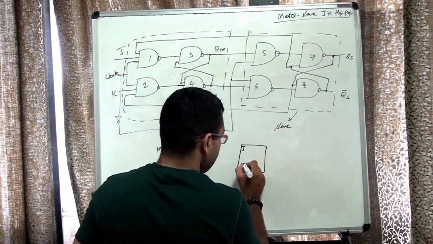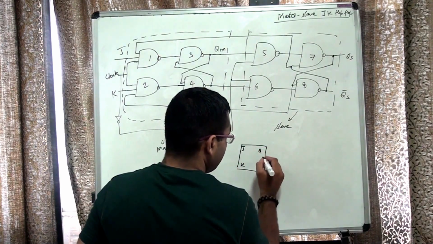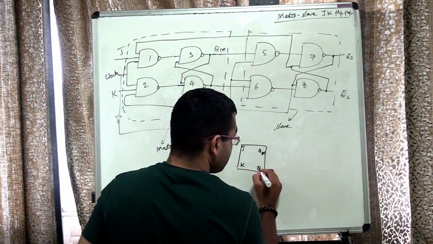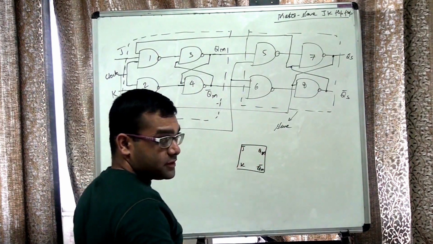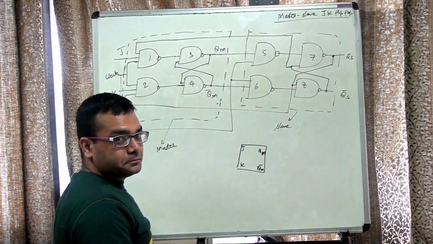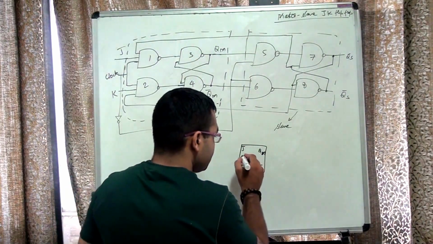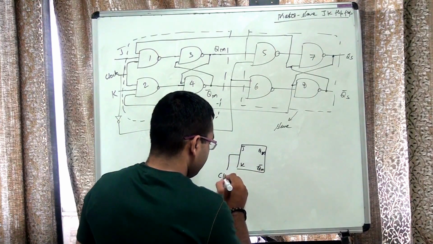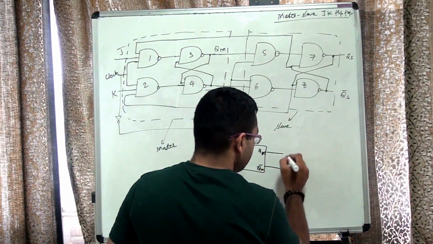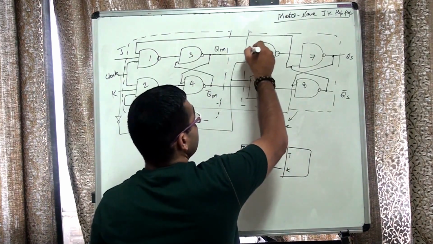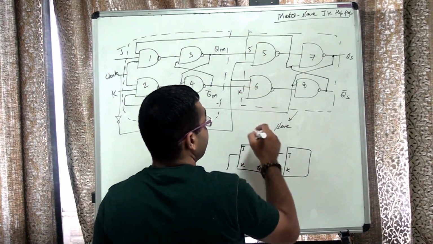This is J, K. This is Q, QM, and QM bar. You must have made it out by now, isn't it? This is the master out. This is the clock, and these outputs go as the JK inputs to the slave.